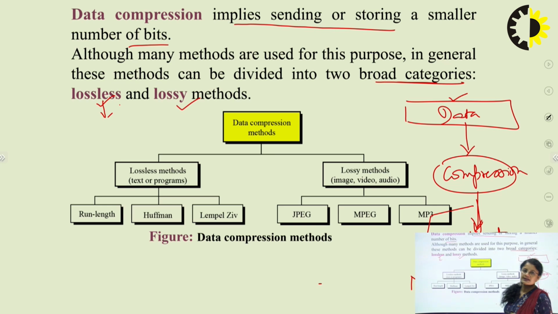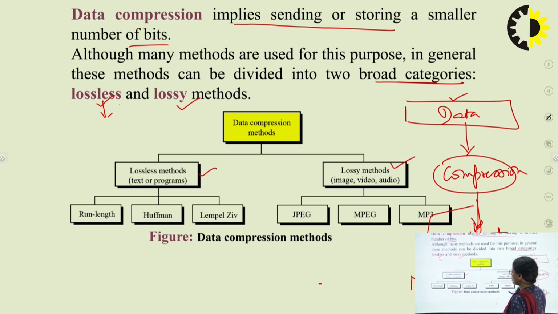And when you go for lossy compression, we compromise with some information loss, while the meaning that is required to be conveyed is still conveyed. So based on the kind of application for which we are using the data compression technique, we can decide whether we'll go for lossless methods or for lossy methods.